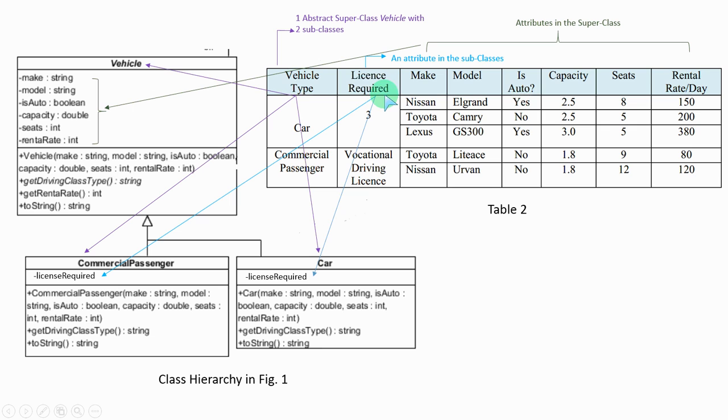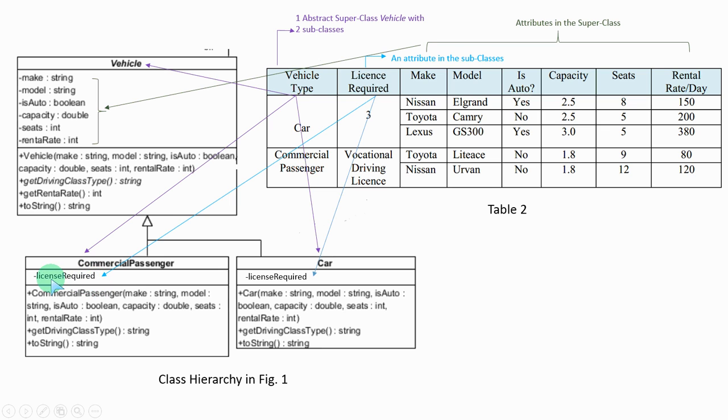Thirdly, this particular attribute is called license required. There are two different values, one for car, one for commercial passenger, so it is kept at the subclass level as an attribute called license required.